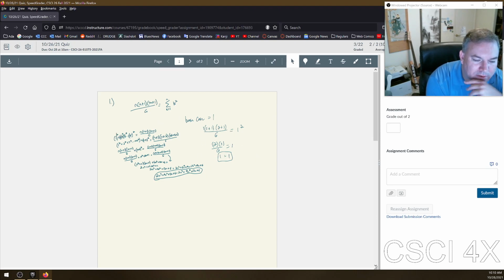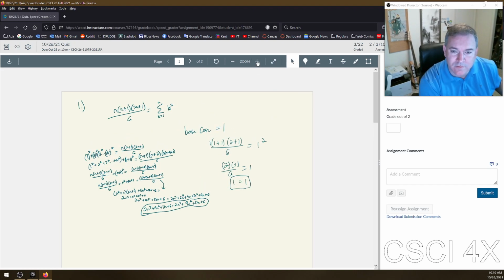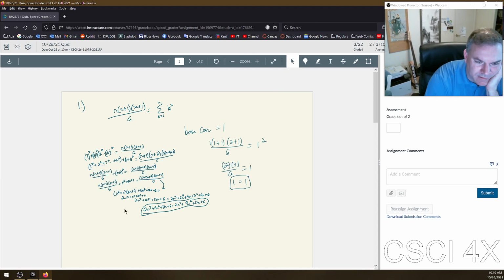Okay, and then for the algebra here, I would write next to this, assume this to be true, because that's what we assume to be true. This top line we assume to be true, and then we want to prove this is true here.